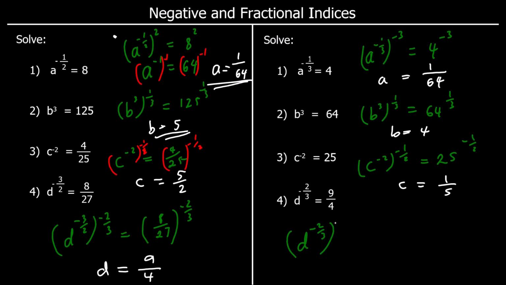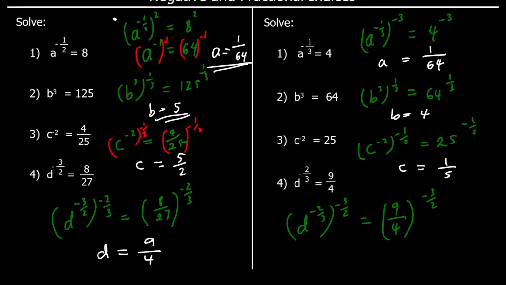So we need -3 over 2. We need both sides to the power of -3 over 2. So it's square root, cube, and flip. So square root of 9 over 4 is 3 over 2, cube is 27 over 8, and flip is 8 over 27.